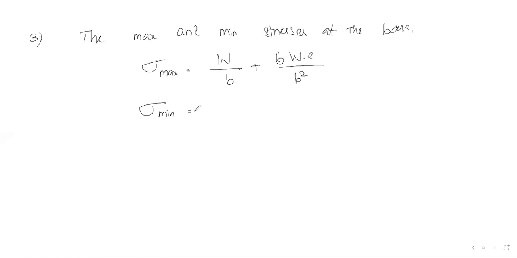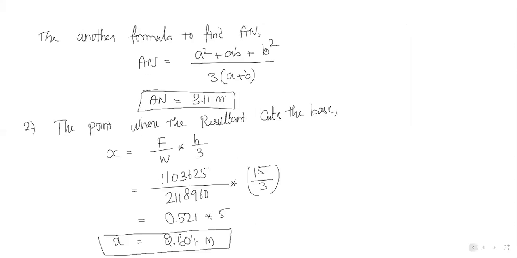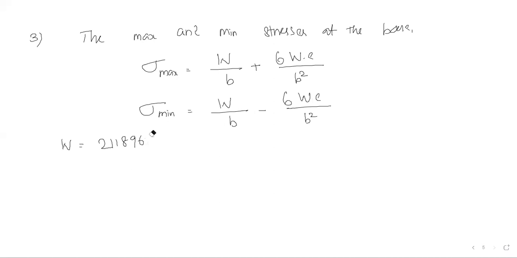Similarly, sigma minimum is equal to W by B minus 6 into W into E divided by B squared. So W we know is 2118960 newtons. B is equal to 4 meter. Okay. So remaining only one thing, E equal to how much, that we have to calculate.